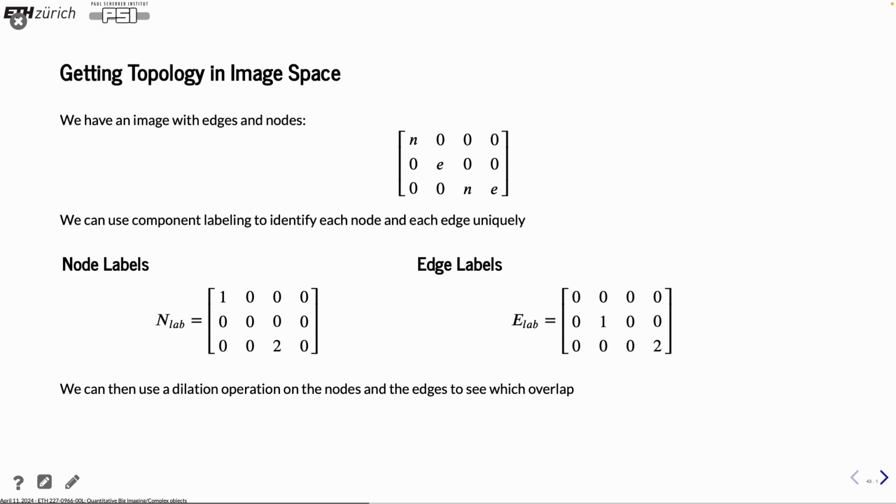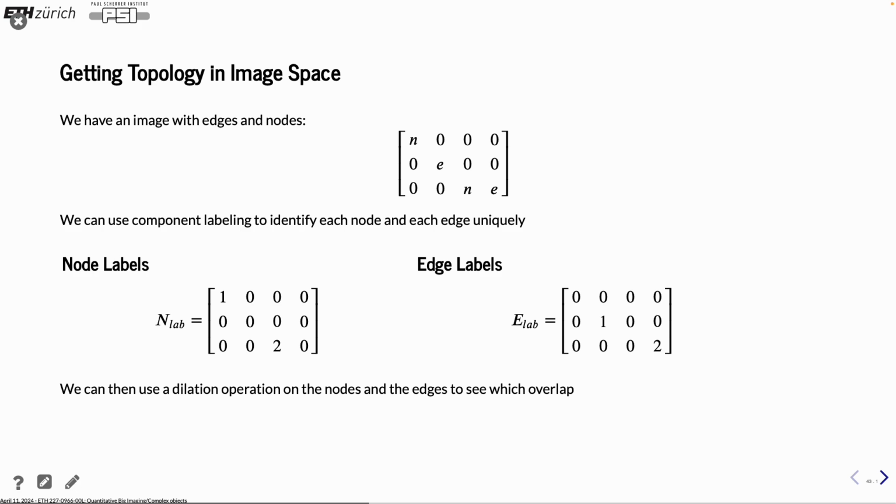So now we want to see a more abstract notation, and for that we look first at a very simple image or network. We have 2 nodes, one here, and 2 edges here and here. And in the analysis, we start with just segmenting and labeling nodes and segments or edge labels. And they turn into 1 and 2 here. And here we have the edge labels, also 1 and 2. And now we want to see which nodes are connected to each edge.